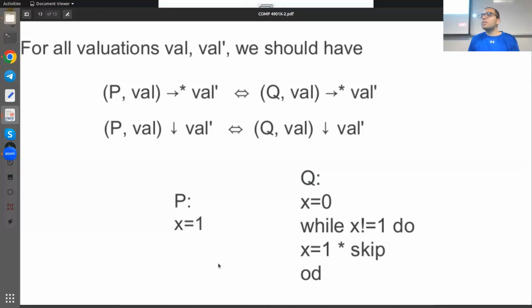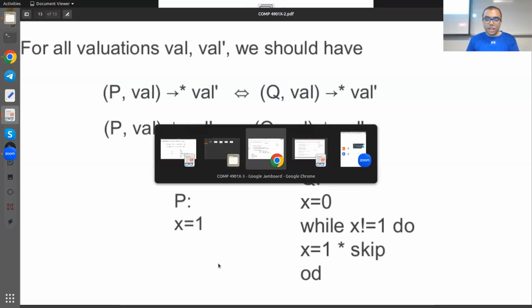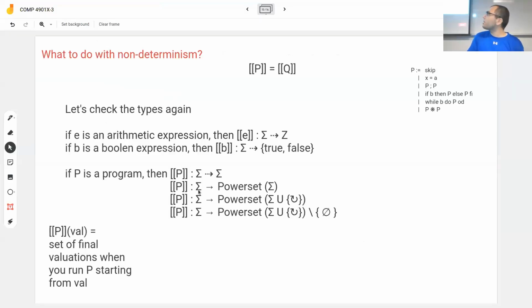So when I'm talking about semantics of programs that can have non-determinism, it's not enough to say that, well, for every input, just look at the set of possible outputs. That's not all. I have to say for every input, look at the set of all possible outputs and this extra symbol which says that the program just doesn't terminate, runs forever, right?